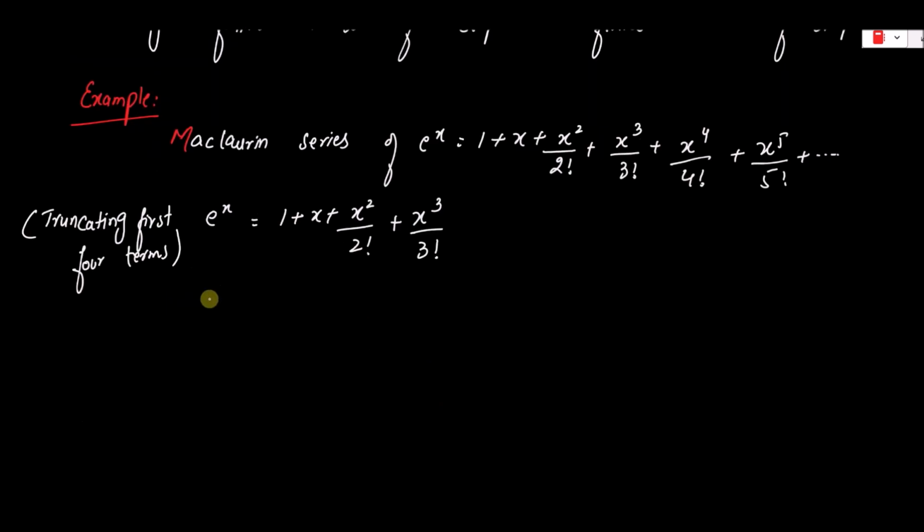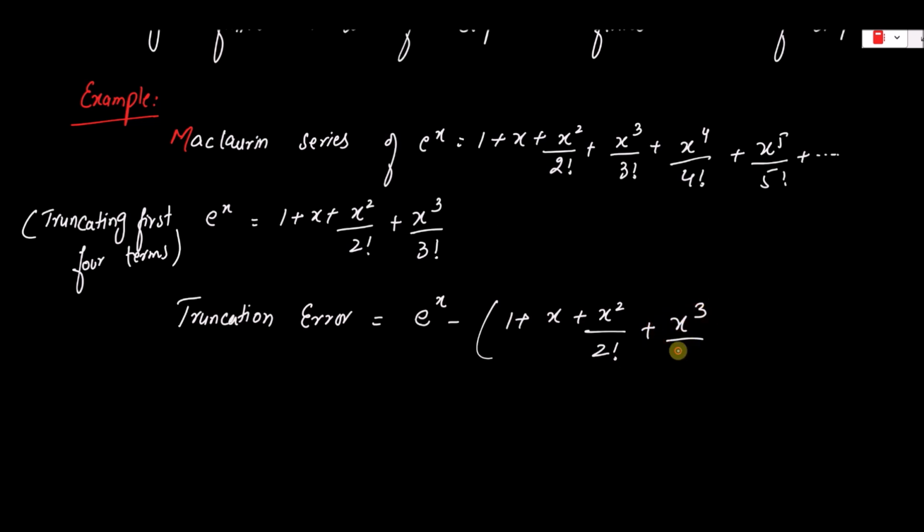If we are going to find the truncation error, we will find it like this: the truncation error is equal to e raised to the power x minus the truncated series, that is 1 plus x plus x squared by 2 factorial plus x3 by 3 factorial.